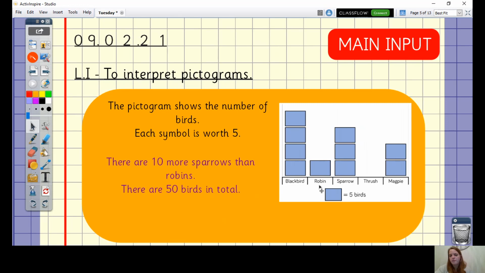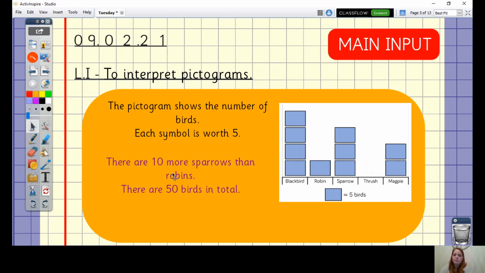And then let's count our total of robins. We have 5 robins. So 15 sparrows and 5 robins. Okay, so I'm going to take my biggest number, 15, and subtract 5. And I know that 15 subtract 5 equals 10. So I know there are 10 more sparrows than robins.